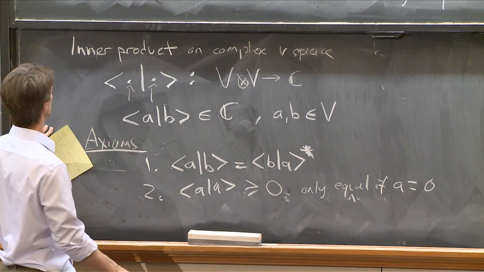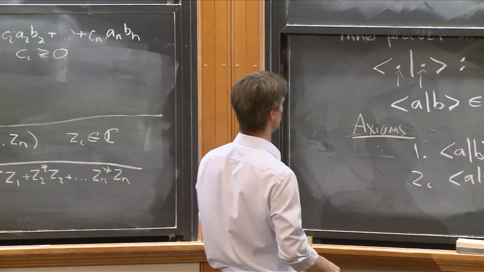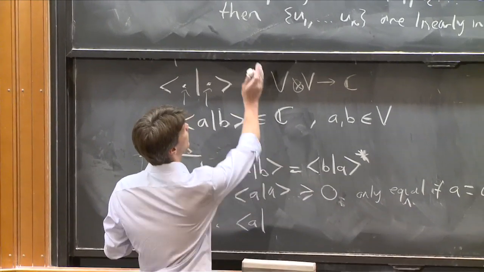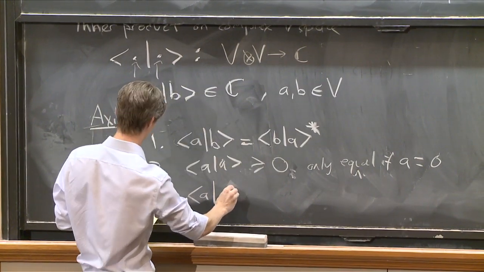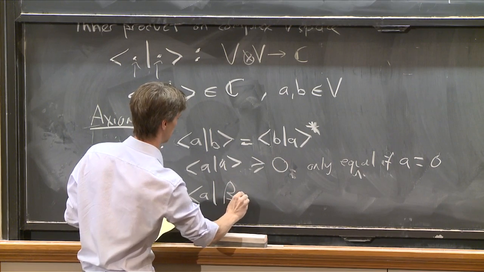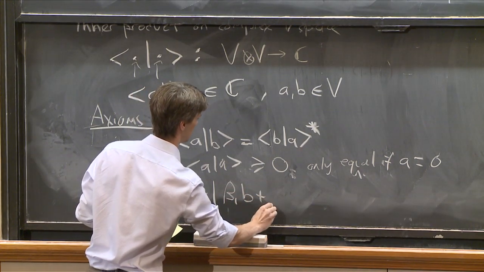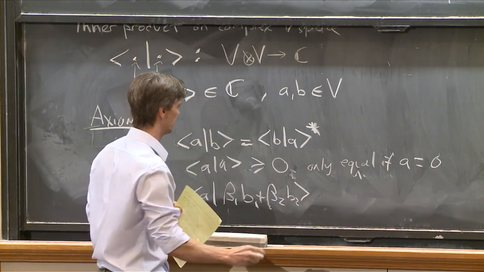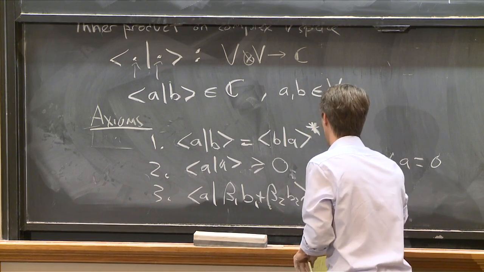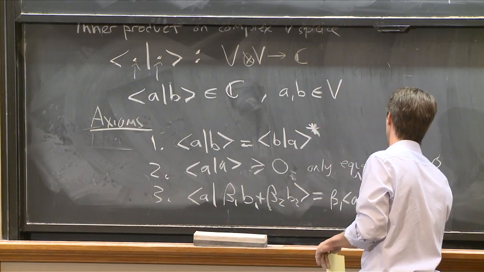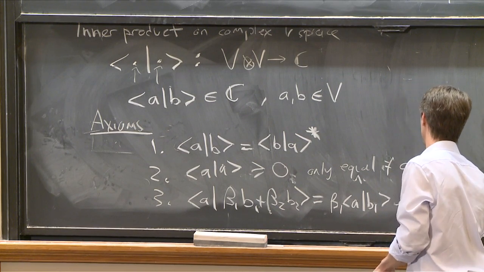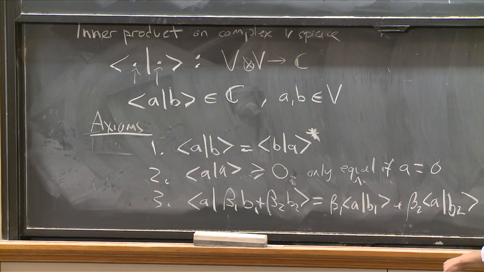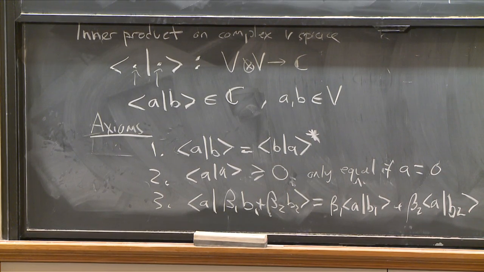And then we want the same sort of distributivity. We do want to have that A inner producted with beta 1 B1 plus beta 2 B2 should be equal to beta 1 A B1 plus beta 2 A B2, where the beta i are just complex numbers, right?